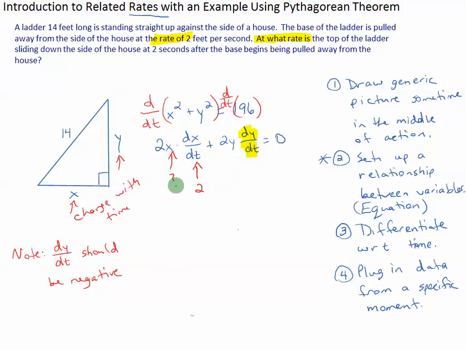We don't know x and we don't know y, however. But what we do know is the specific moment we're talking about in this particular problem is 2 seconds after the base begins being pulled away. And we know that we're being pulled away at a rate of 2 feet per second.